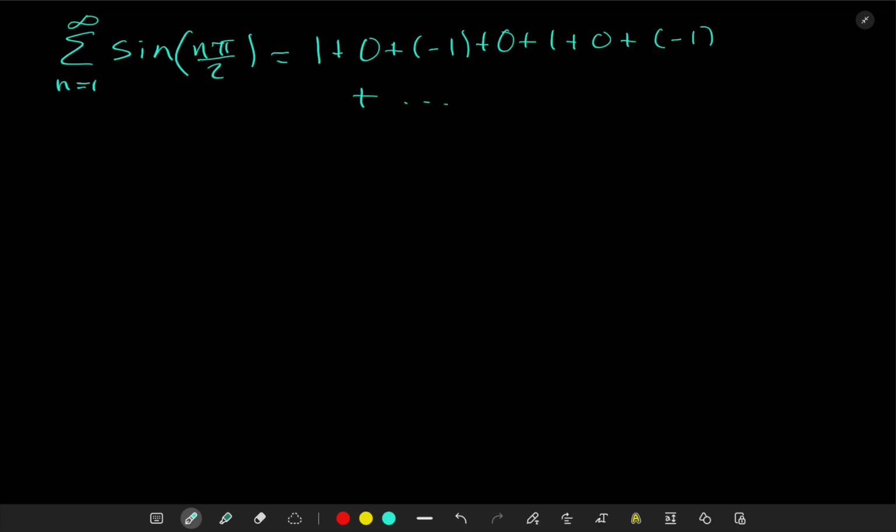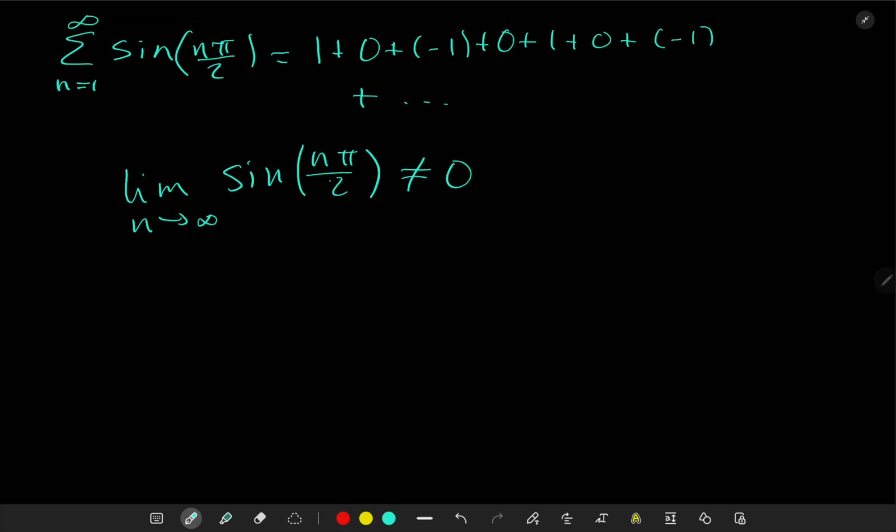So this one is kind of interesting because, firstly, it's going to diverge. Why? Simply because the limit as n goes to infinity of sine of n pi over 2 is not equal to 0.